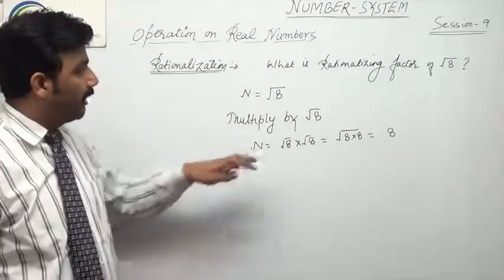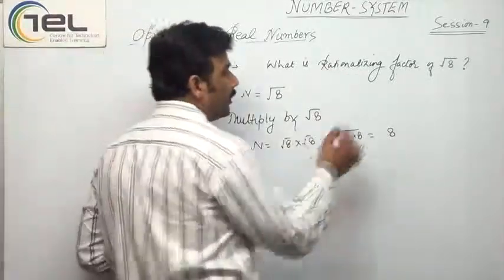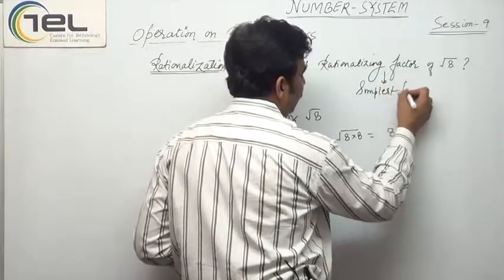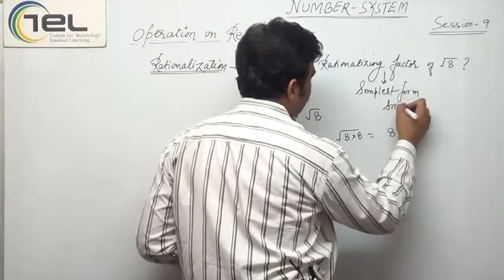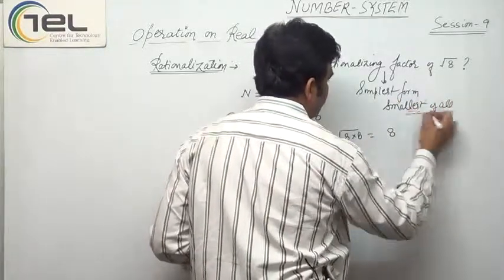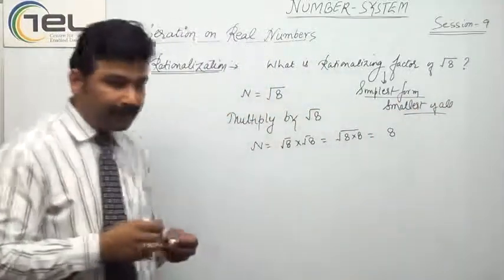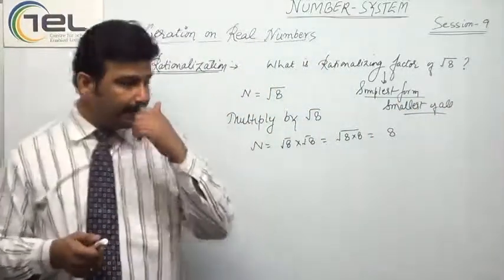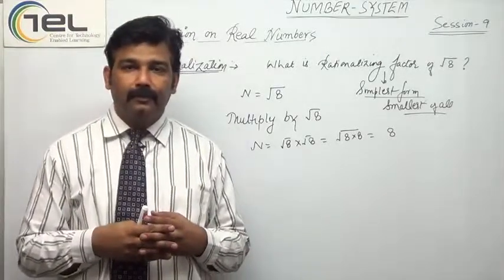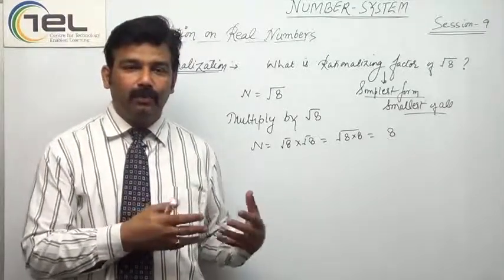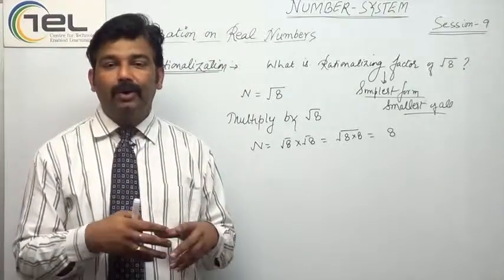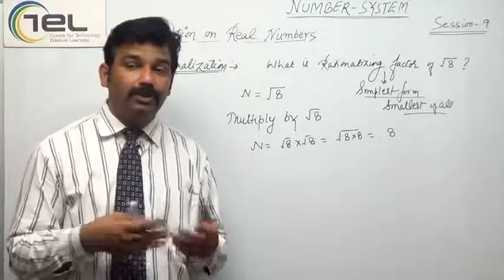Because the rationalizing factor should be in the simplest form, and the smallest of all. It is like this: if you need 100 rupees, you can do whatever you want with only 100 rupees, but you can also spend 1000 rupees for that.